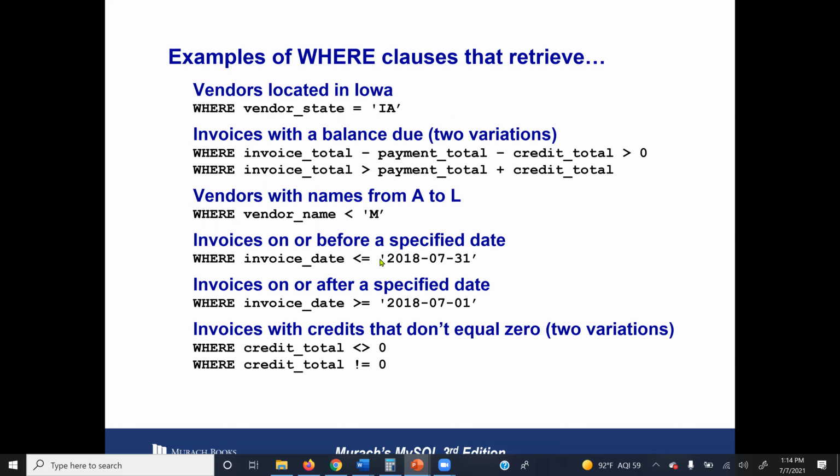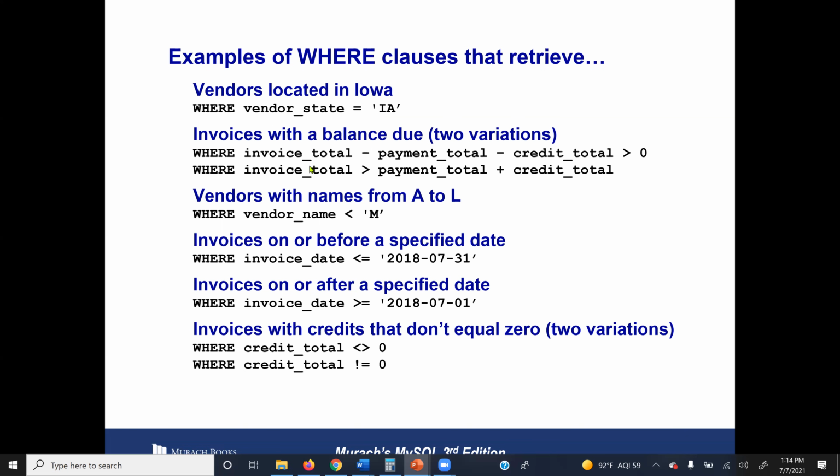So let's see some examples. Here we have vendors located in Iowa, and we say where the vendor state is equal to IA. Next we have invoices with a balance due, which has 2 variations.